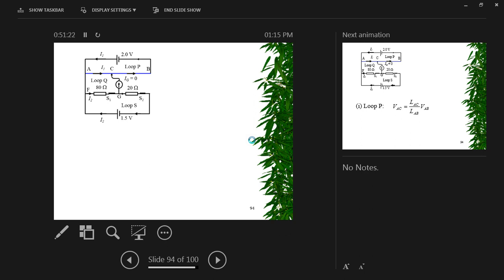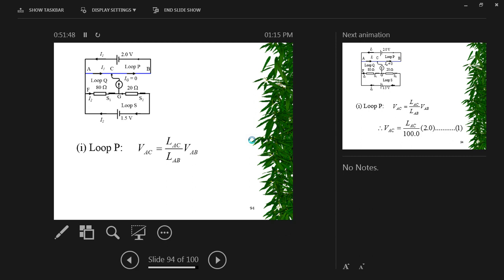So basically it's asking you what's the potential difference of the first resistor. Right? So for loop P, the main loop, we can say that the potential difference VAC as a ratio of the total potential difference across the resistance wire, there's no other resistor here, is just this length AC over the entire length of the resistance wire AB.